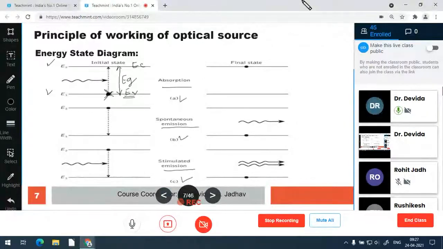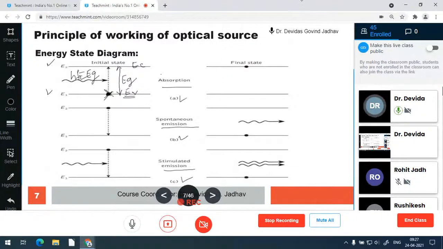Whenever an external optical photon with HF equal to Eg falls on this atom, it gets absorbed.